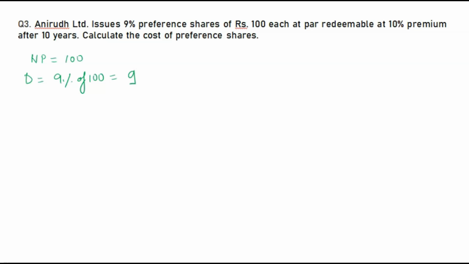Then at par, it is redeemable at 10% premium. So redeemable value is given. On this 100 rupees, we will add 10%, we'll get 10 only and we'll add it. So 110. After 10 years, it can be redeemed.